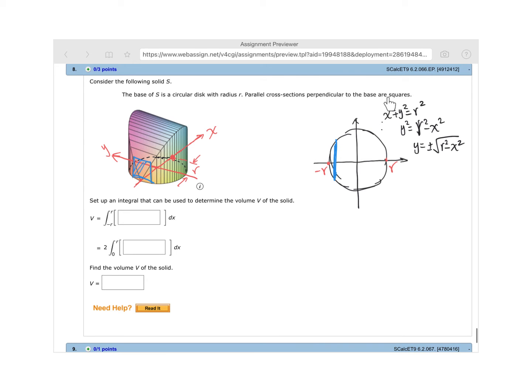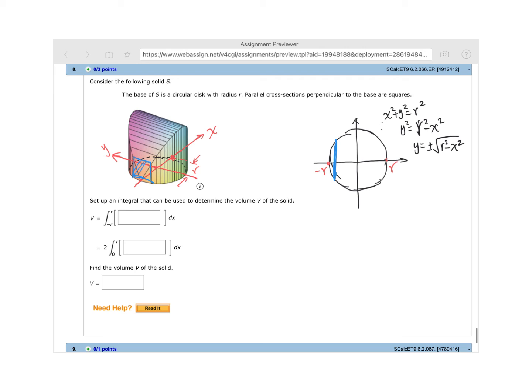So therefore, we make a vertical slice. The width is dx, and x ranges from negative r to r, because this slice can range from negative r to r. This is supposed to be the cross-sectional area, which means the area of this square.